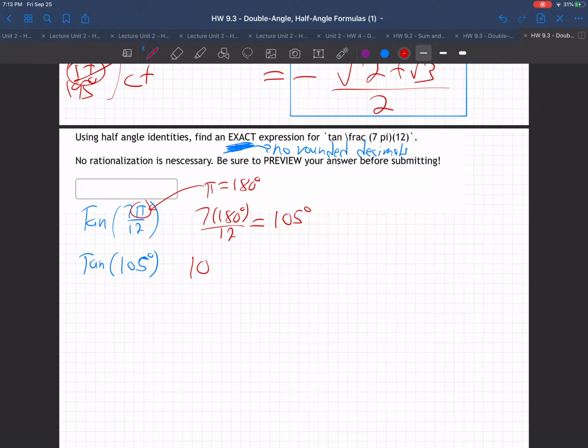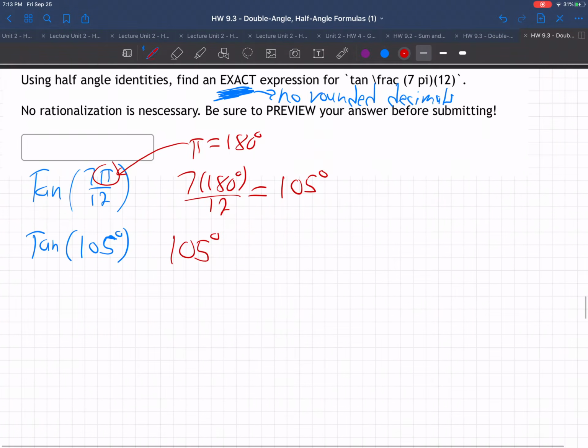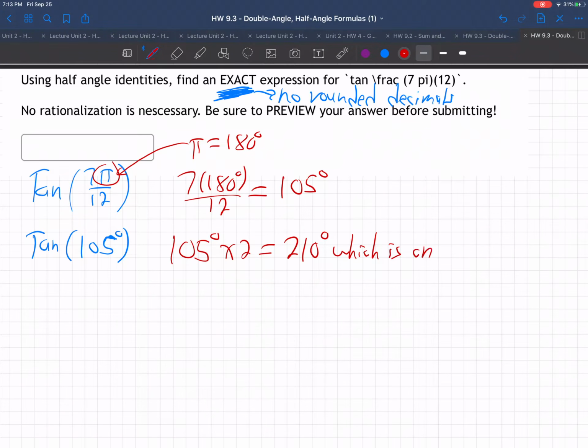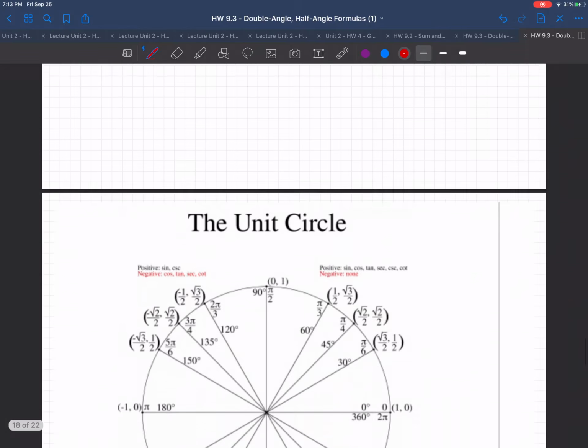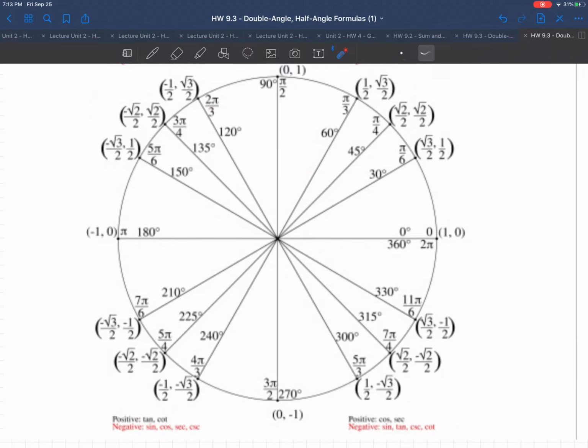If I take the 105 degrees and multiply it by 2, I get 210 degrees, which is on the unit circle. That is one of our specific values on the unit circle, 210, right? That's right here. So at 210 degrees, I can get the cosine and the sine of 210.